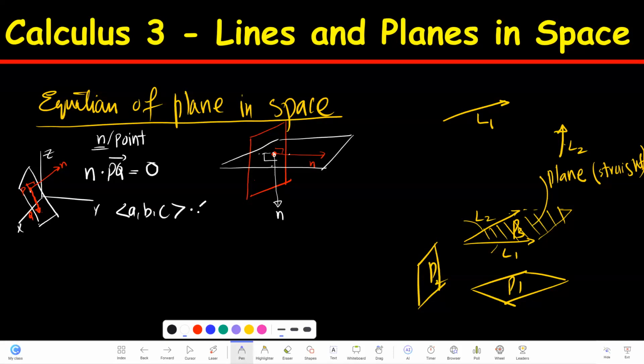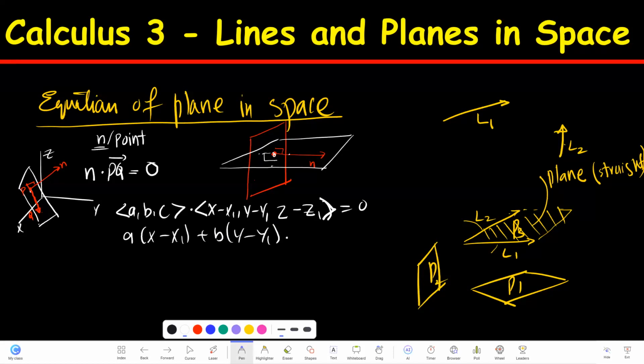And that's exactly what we're going to take advantage of, and then write it like this: (A, B, C) dot (x minus x1, y minus y1, z minus z1). Now I can rearrange this: A(x minus x1) plus B(y minus y1) plus C(z minus z1) equals 0.